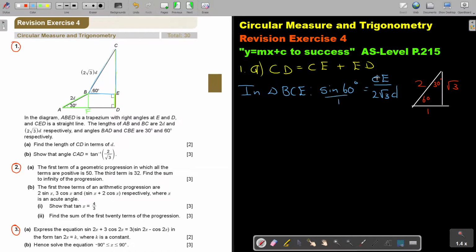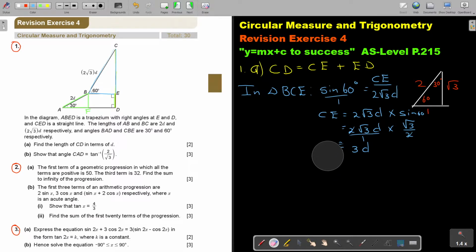If I put this over 1 and cross multiply, CE equals 2 square root 3d multiplied by sin 60. Now what is sin 60? It's opposite over hypotenuse, so it's square root 3 over 2. If you put this over 1, the 2s cancel. Square root 3 times square root 3 is just 3, so CE is 3d.